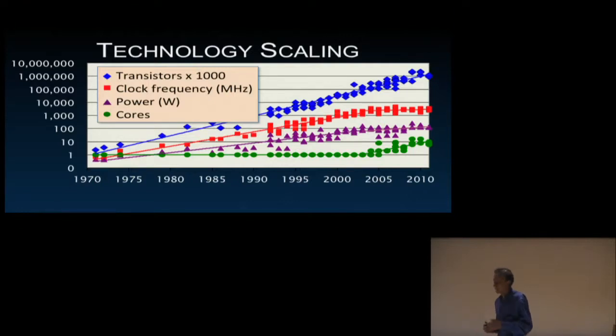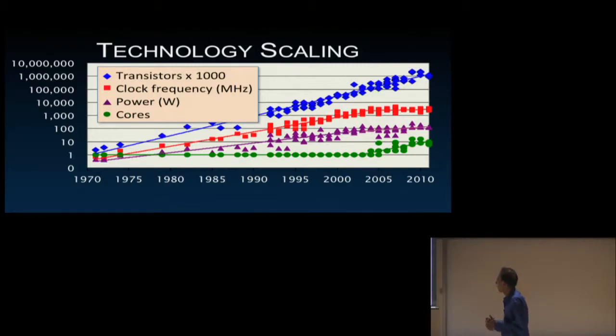Of course, things are somewhat problematic, simply because while Moore's law has been going on for a while, if you look at the transistors up there, they've doubled every generation. Back in 2005, Dennard scaling stopped.